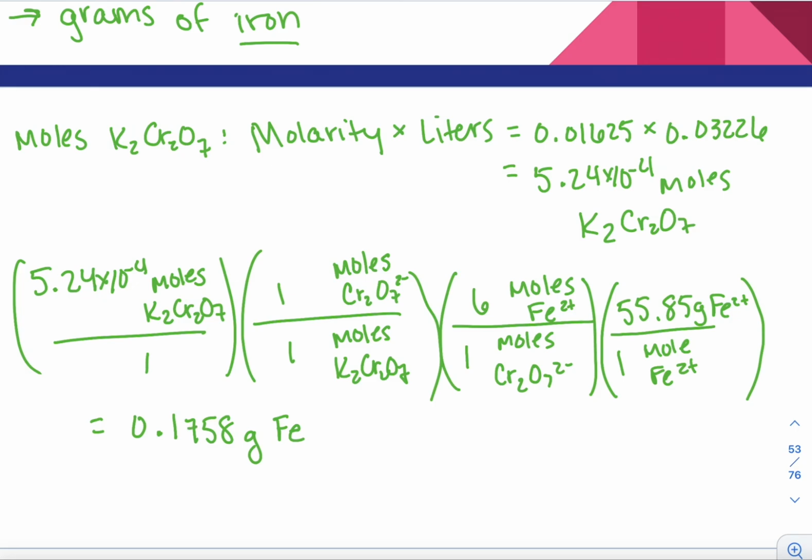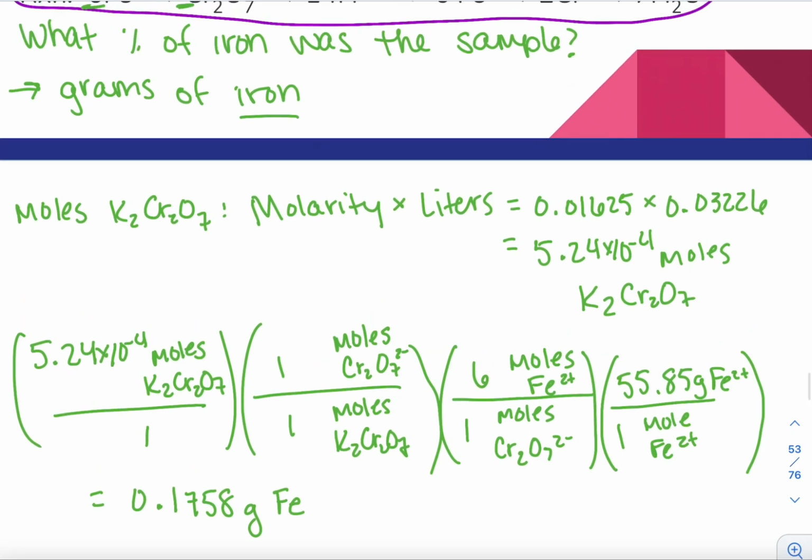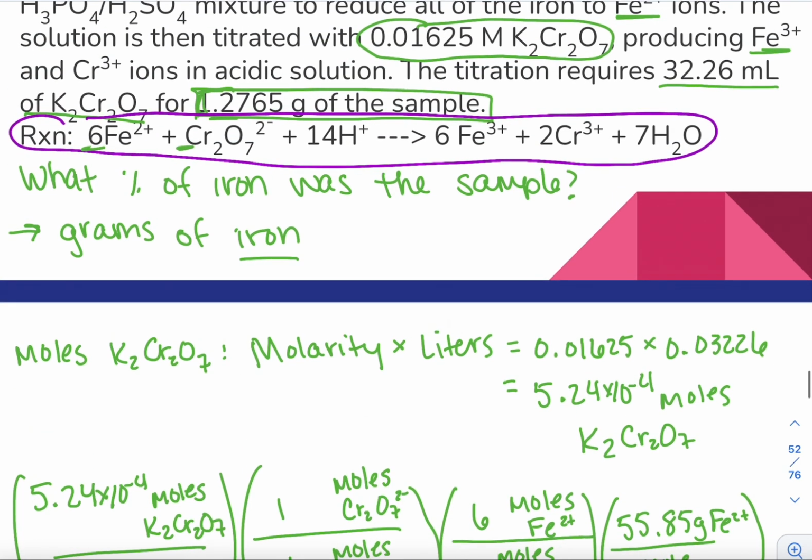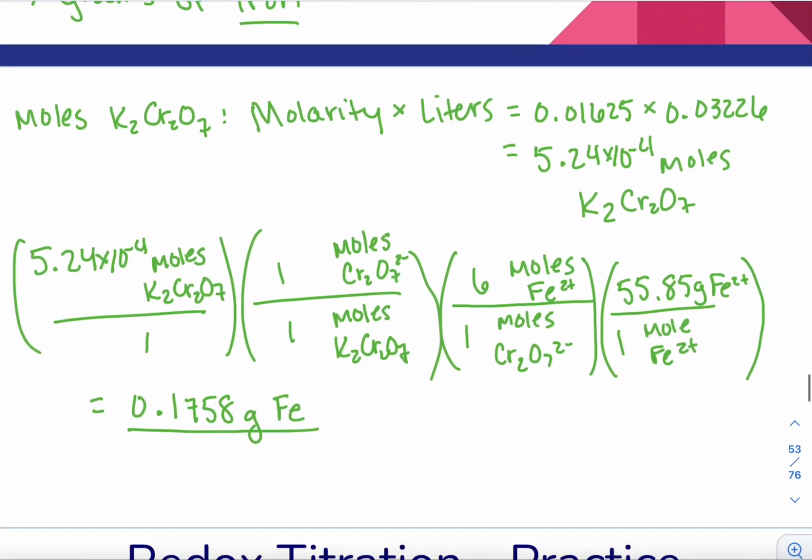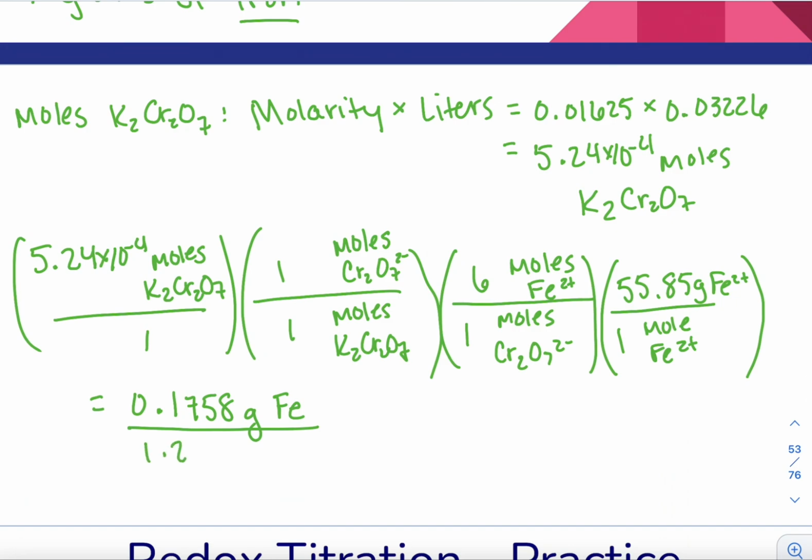And then that just gives us the grams, but the question was, what's the percentage? So to figure that out, you just divide this by the total grams of the sample and multiply by 100.